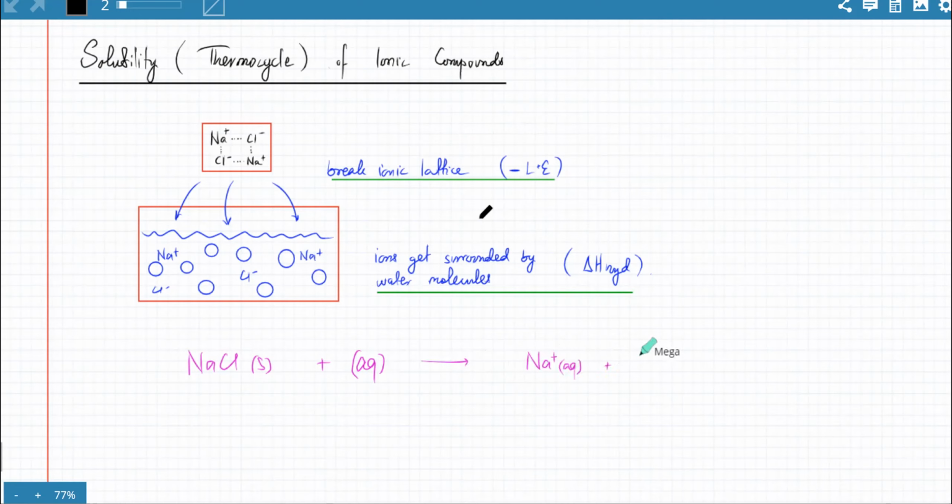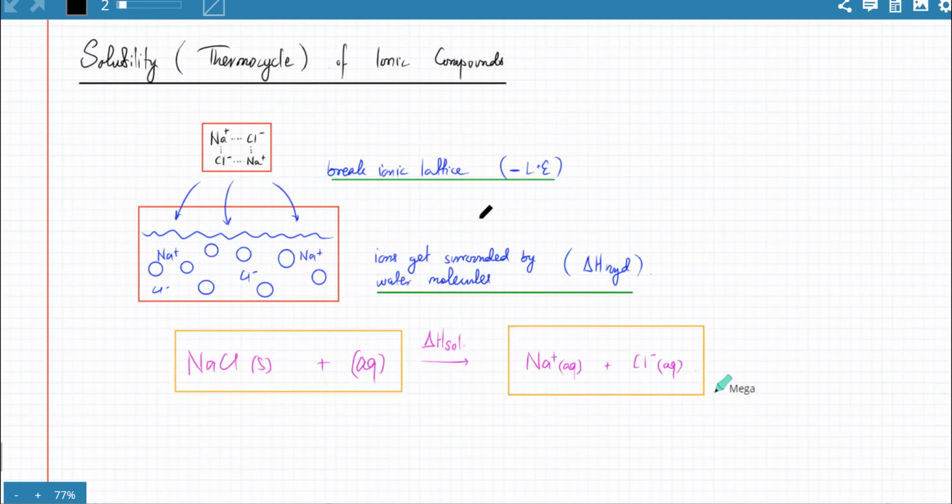So Na+ and Cl- aqueous ions are produced. So this one is your enthalpy change of solution. अब इसका दूसरा रूट क्या है या स्टेप वाइज क्या है, ठीक है. So you're basically trying to go from this point to this point. मतलब ये ऊपर दो steps बने हुए हैं.